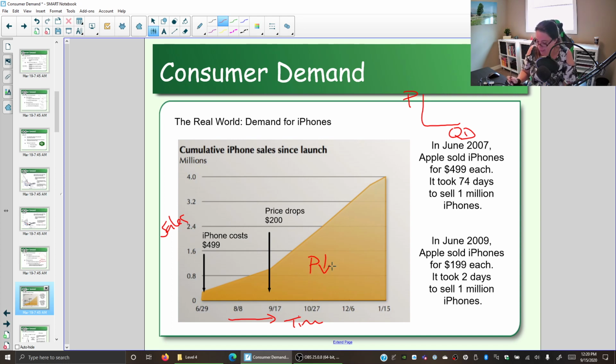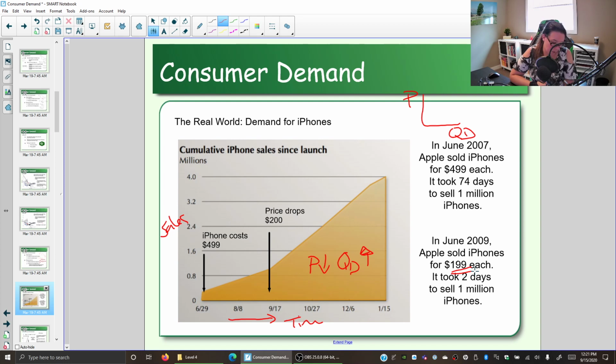The price went down. The amount that people were willing and able to buy went up. It changed because more people could now afford it at the lower price. And there was a preference for it, right? People wanted it. It was a cool or must-have item.